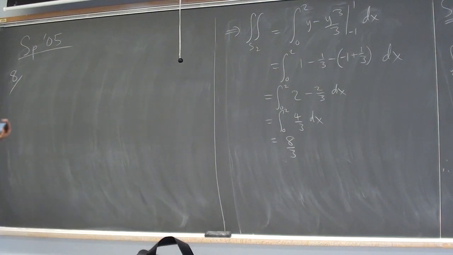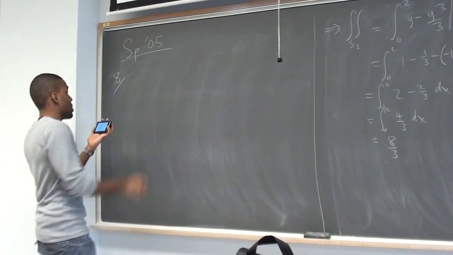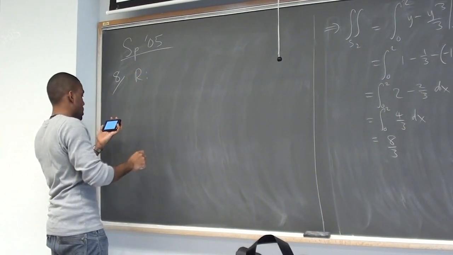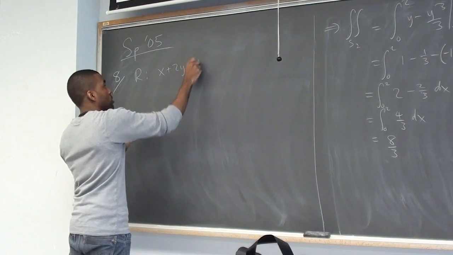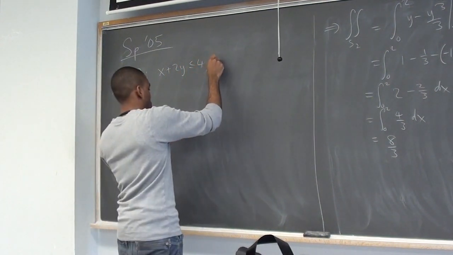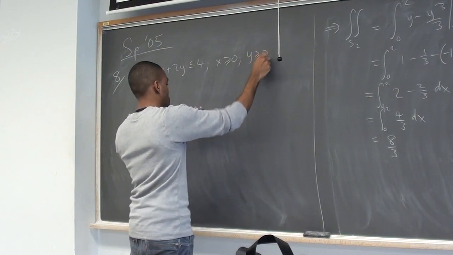Okay, so this is a two-part problem. This is one of the Green's theorem ones. Problem 1 on your test will be similar to this one. R is the region x plus 2y less than or equal to 4, x greater than or equal to 0, y greater than or equal to 0.